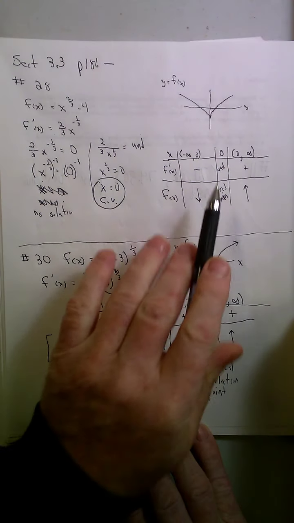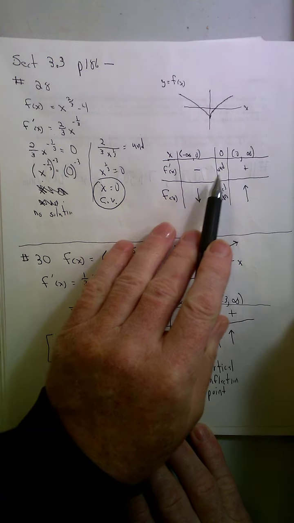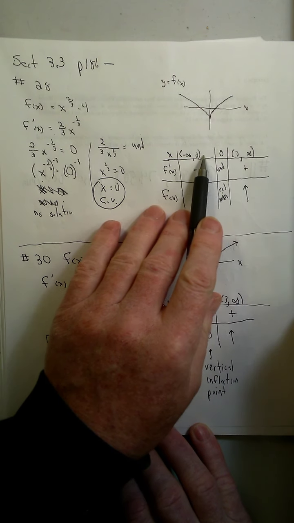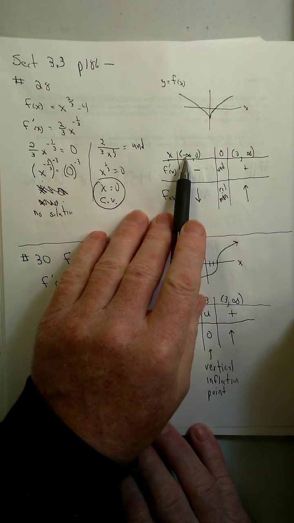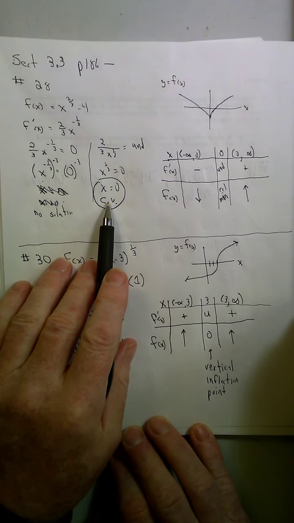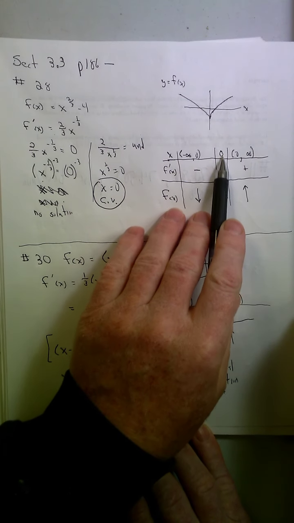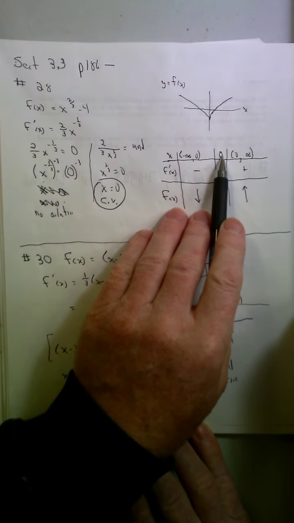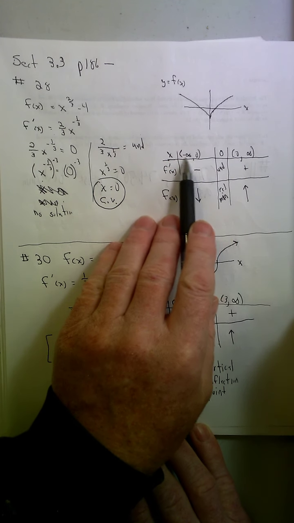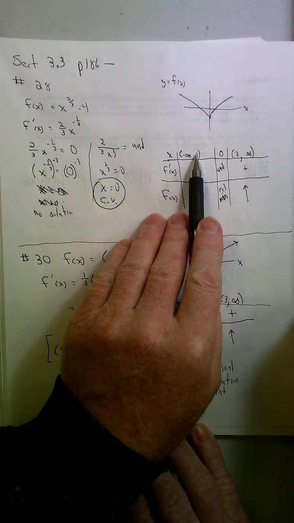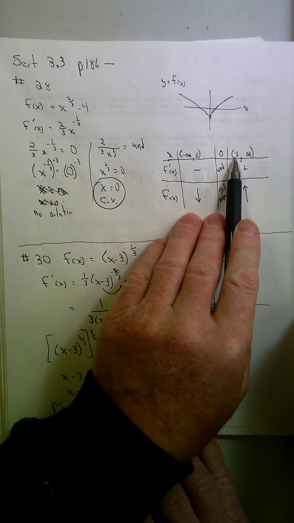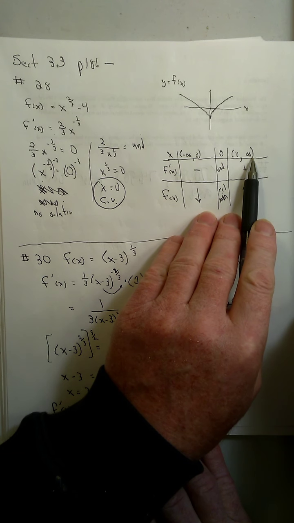So to make your first derivative table, you take the x-axis and you divide it into intervals based upon your critical values. So I make a column for 0. The interval to the left of 0 goes from negative infinity up to 0. And at the right, it goes from 0 to infinity.